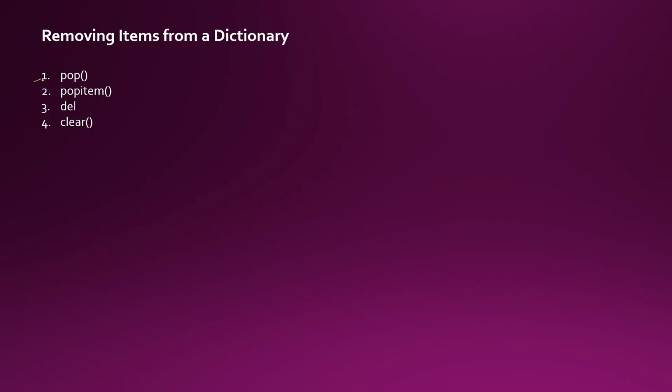The first method is pop. Basically the pop method removes the item with the given key and returns the value. Suppose I have a dictionary score, with A as 1, B as 2, C as 3, right?